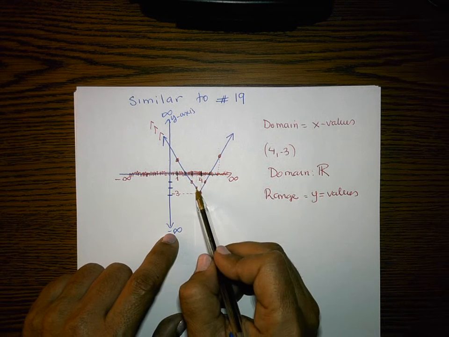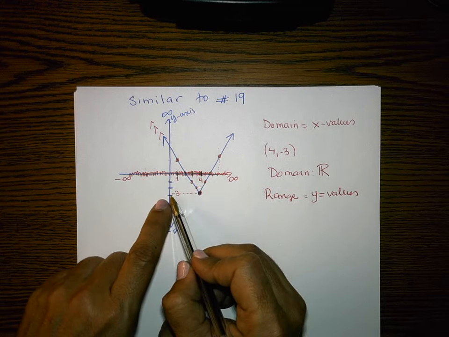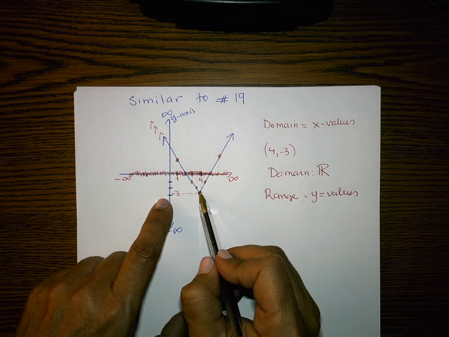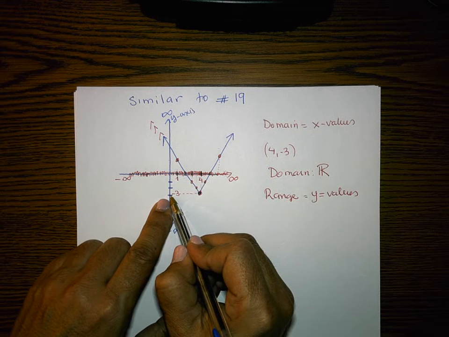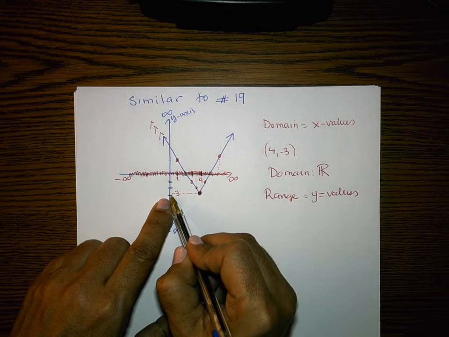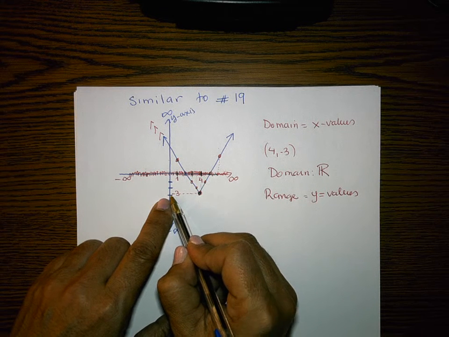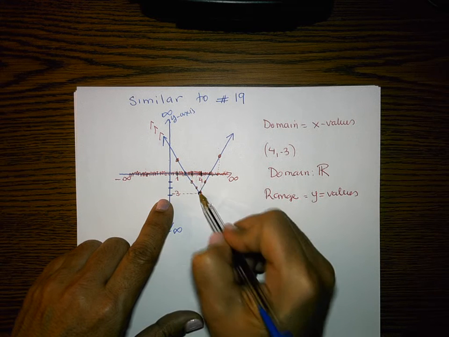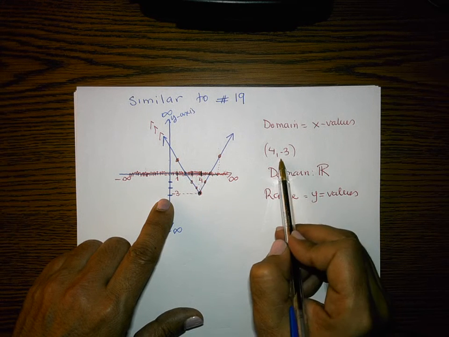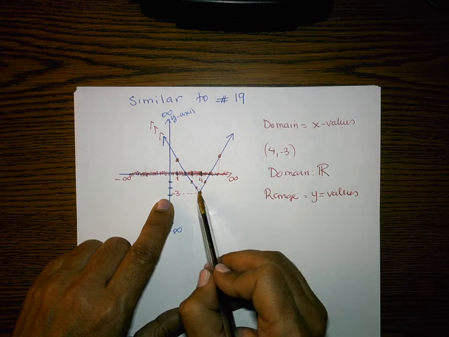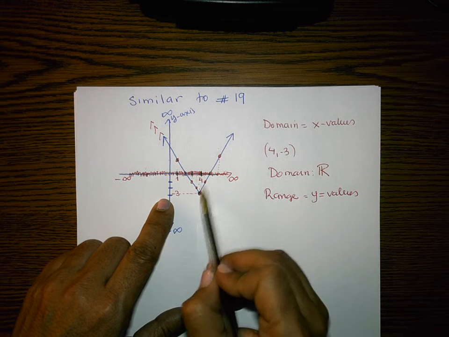If I do have a corresponding value of y to an x value, I will be touching the graph. So is -3 matched with an x value in the graph? Let's follow -3. Yep, it does match with 4. We decided that earlier on is our vertex of our absolute value here. It's really not called a vertex, it's called a starting point.